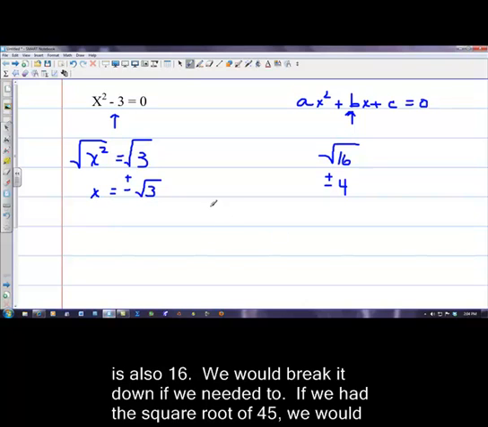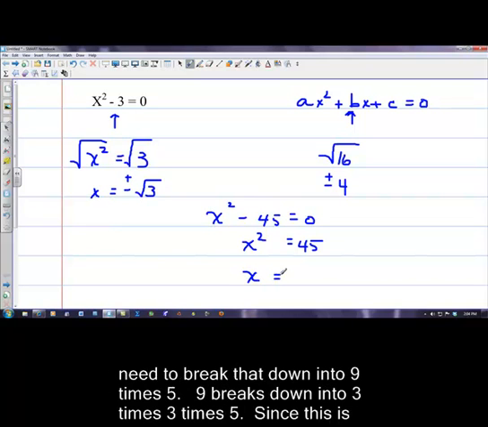So, like if we had a problem that was like this one, x squared minus 45 equals 0. I would still move the 45 to the other side, and I would take the square root of both sides, giving me an answer of x equals plus and minus the square root of 45.